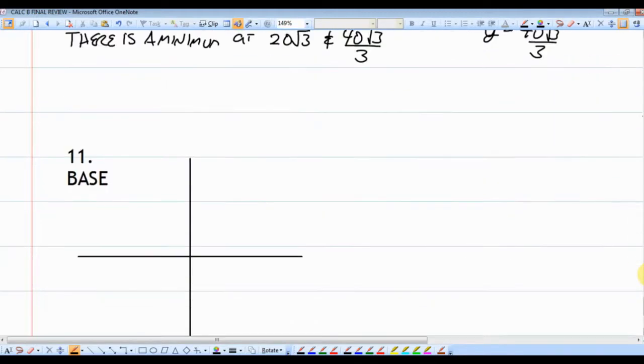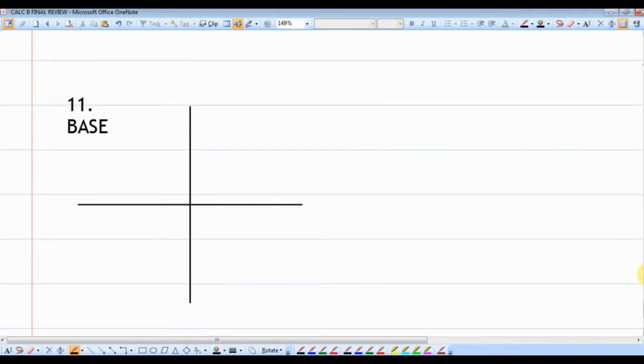Okay, let's finish this out. The base is going to be on the curve x equals y squared. So we're going to have to actually look at it like this: y equals positive root x and y equals negative root x.